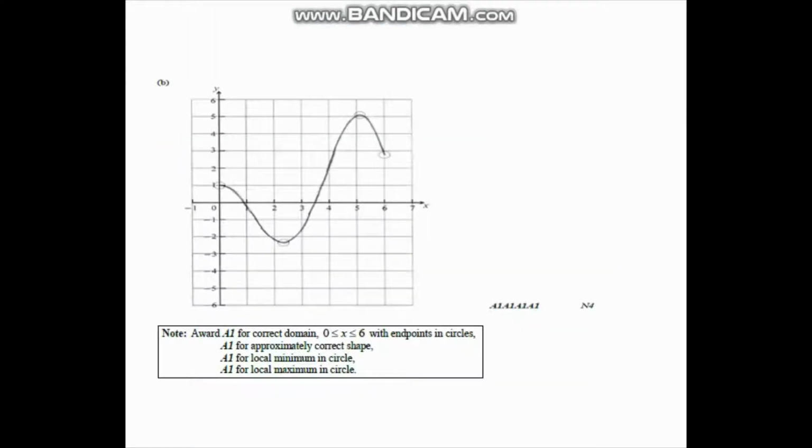So I want to go over the marking scheme requirements with you. You are given 1 mark for the correct domain, so you have to sketch from 0 up till 6, and another mark for approximately correct shape, so it has to look somewhat similar to what you have on the calculator.